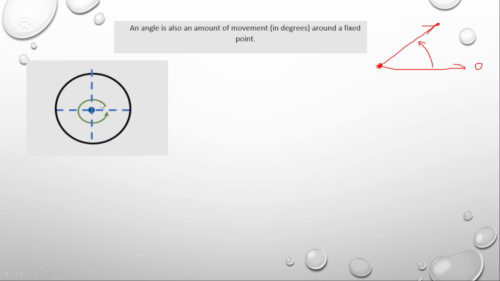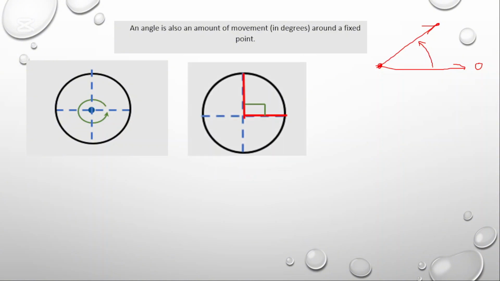The movement from there to there is 90, further to 180, then to 270, then to 360 degrees. So this type of angle we call a revolution, or we just say angles around a point.